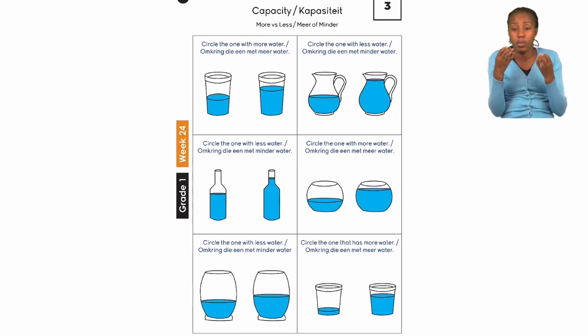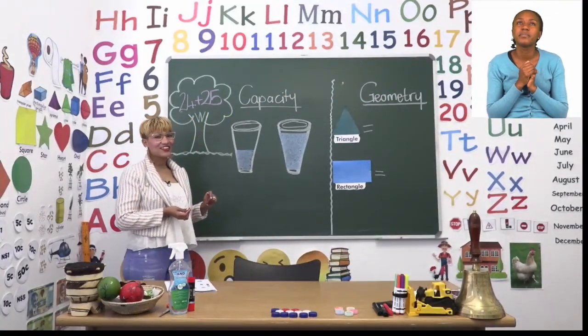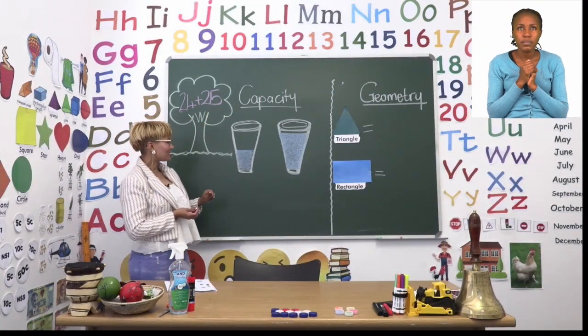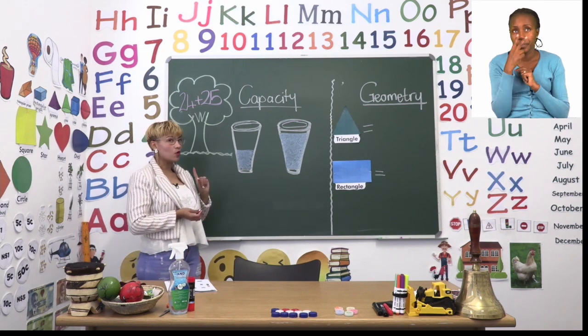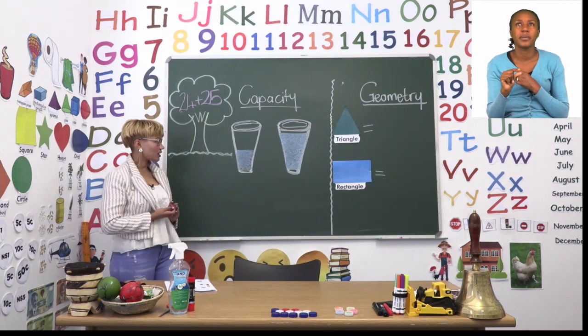So now you have to take a look at the cups, and you have to decide which cup has more water. Now on the board I tried to copy the cups as well. So let's quickly have a look and see which cup has more water and which one has less water.